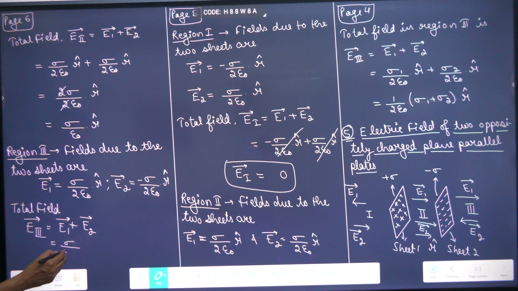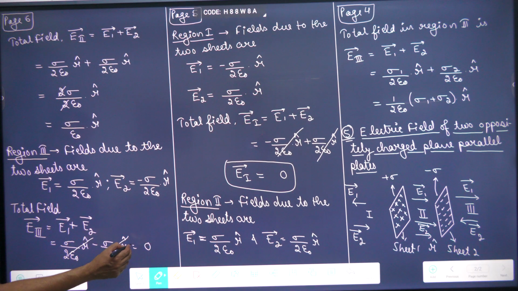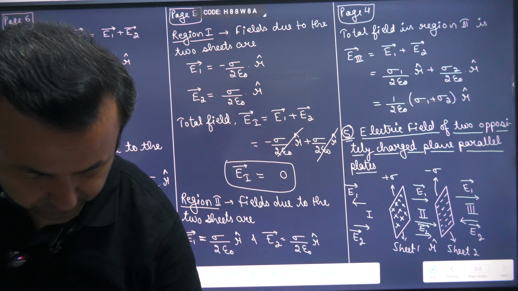It is sigma upon 2 epsilon naught r cap plus minus sigma. It is not required to write plus minus. Plus minus will become minus. Minus sigma upon 2 epsilon naught r cap. So it will cancel out. It will become 0. So the electric field in the third region will be 0. Is this clear?